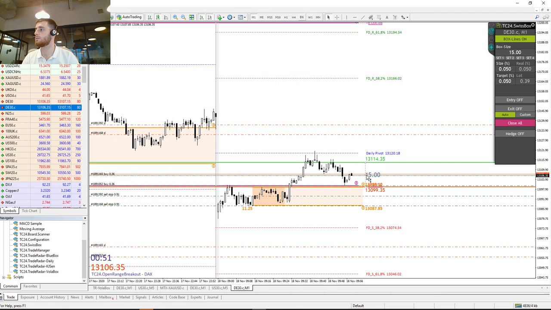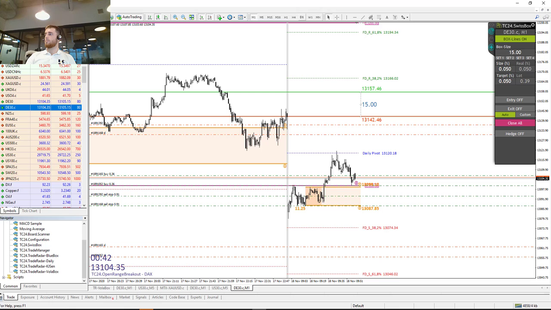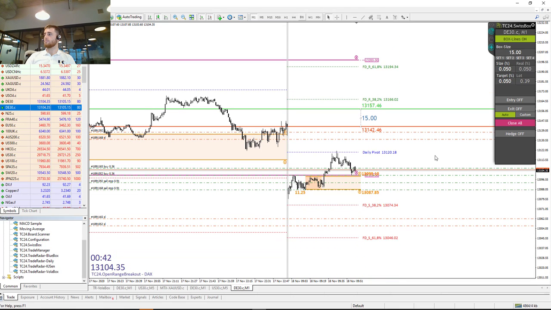Just move my box, hitting all the wrong things at the moment. So yeah, we can zoom out of this a little bit more, and we can get a better picture of what's going on. So we've got our box size. Down here, we've also got preset risk management and profit targets.